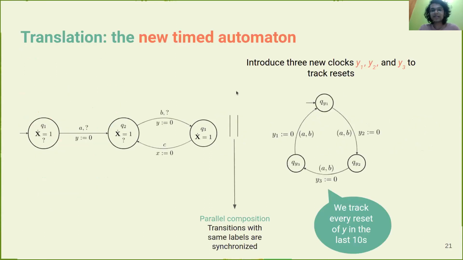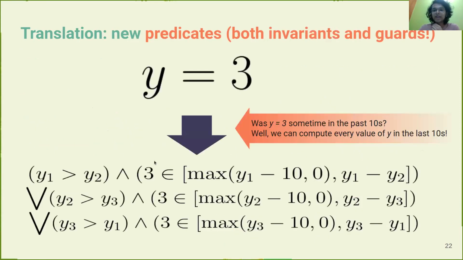Again, within this translation of timed automaton, for a given example here, we have a parallelly running automaton, which basically captures the resets on a given variable, and we track all of the resets that happened within the delay period, which can help us do something very strong, which is that we can compute every value held by a system variable.